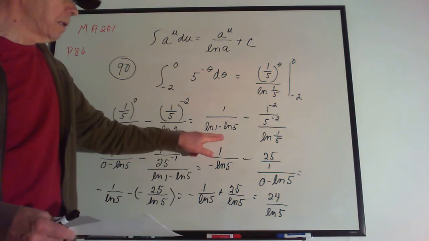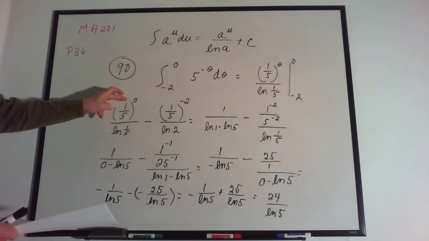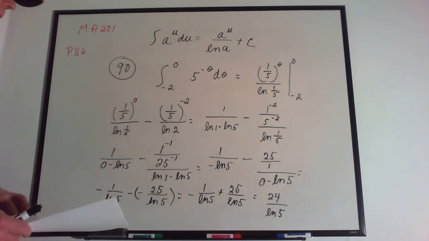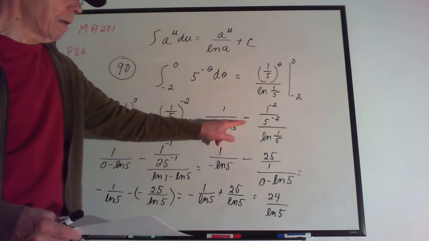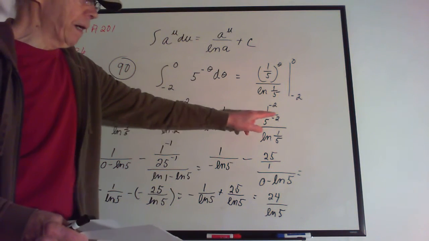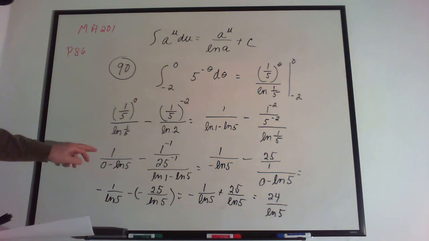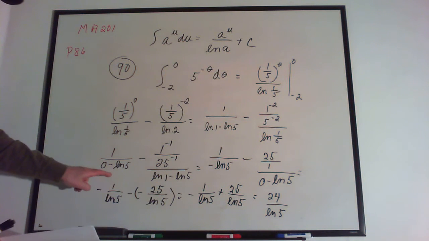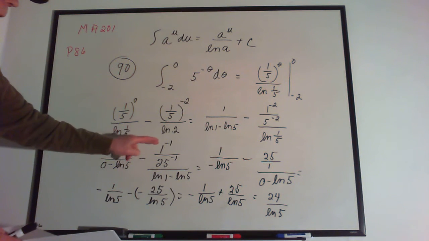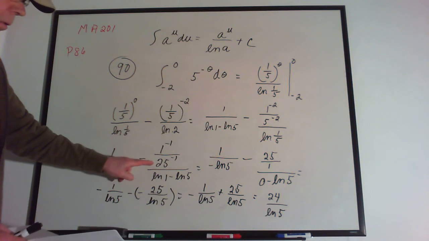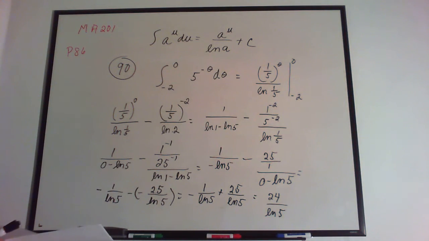So we end up with this: substituting in 1/5 to the 0 power gives you a 1. This is going to give you natural log of 1 minus natural log of 5, minus 1 to the -2, 5 to the -2, over natural log of 1/5. So this gives you 1 over 0 minus natural log of 5, minus 1 to the -1 over 25 to the -1, natural log of 1 minus natural log of 5.